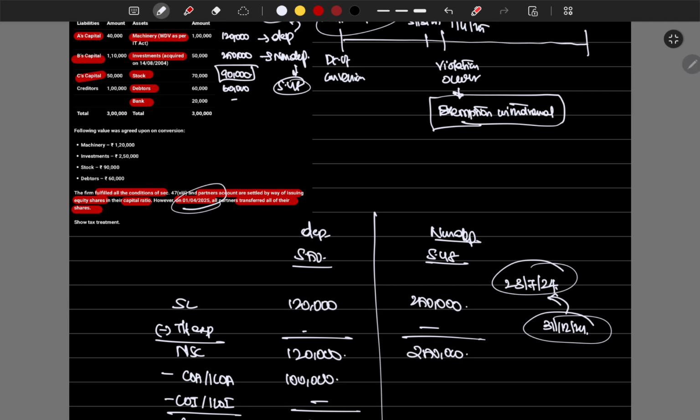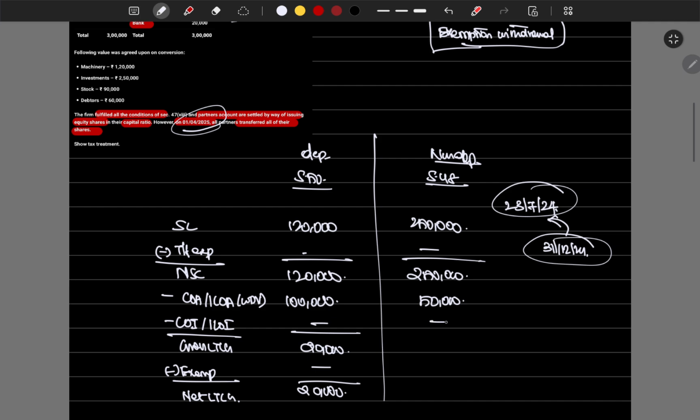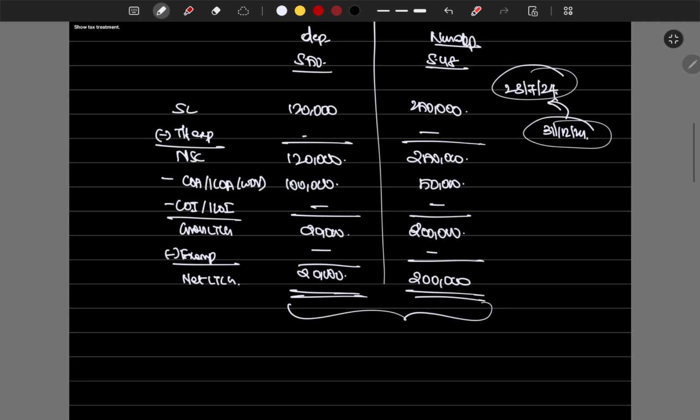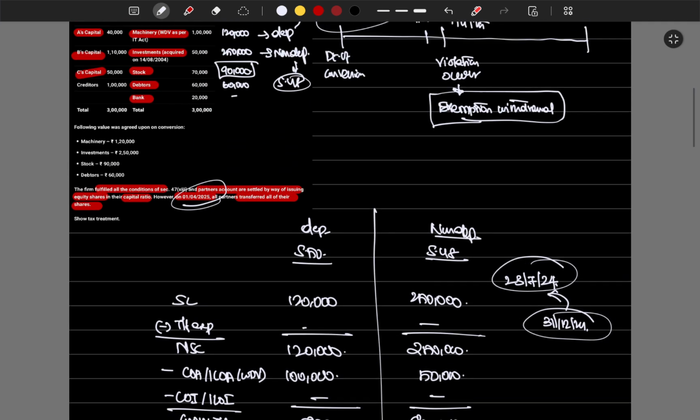How much is the cost of acquisition? It is 50,000, which is the WDV, right? No improvement, so we have 2 lakhs as the LTCG. So the total deemed LTCG will be 2,20,000 in the hands of the company.